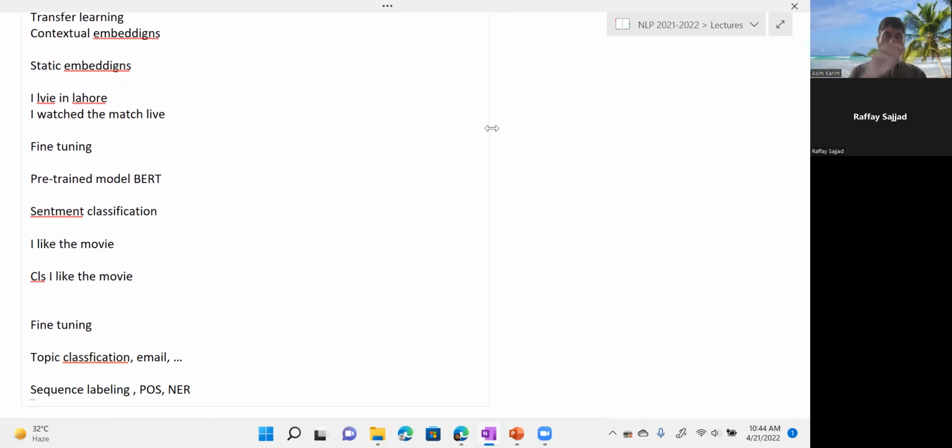So in this case now, for each output, each token, you update the output layer and you have the appropriate output layer. Let's say if you're doing POS tagging, the output layer would be a softmax over all the possible POS, and you would use your own POS training data set to fine tune the network.